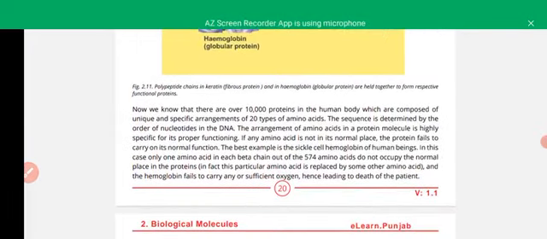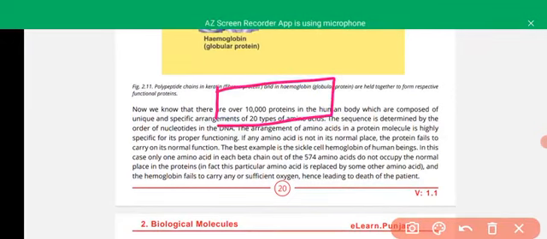There are different types of proteins, almost 10,000 proteins. They are formed by the arrangement of 20 types of amino acids, like different words of the English language are formed by only 26 alphabets. In the same way, different proteins are formed only by the arrangement of 20 amino acids.